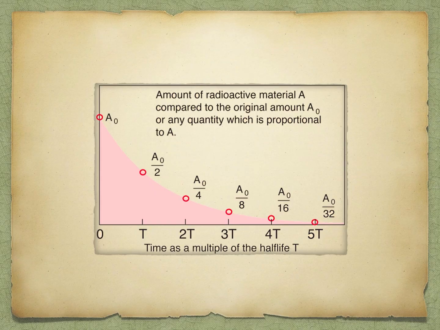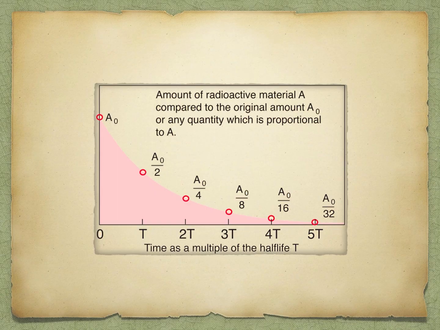So when graphing a plot of half-life, we can see that for every single half-life that occurs, it's always the amount from the previous half-life being divided by 2, or rather being taken half of. So when we have an initial starting quantity at time equals 0, the first half-life would have half of the quantity remaining. At the second half-life, we would have a quarter remaining because we're taking half of a half.